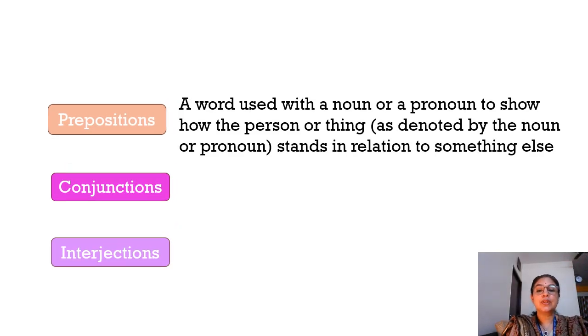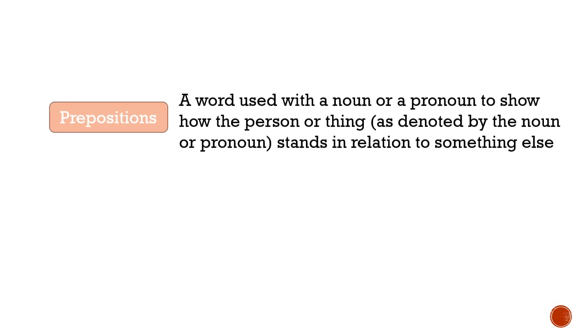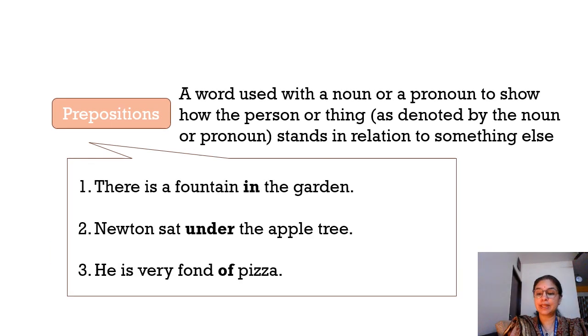Now the preposition is a word used with a noun or a pronoun to show how the person or thing, as denoted by the noun or pronoun, stands in relation to something else. Let's look at these sentences. The first one, there is a fountain in the garden.